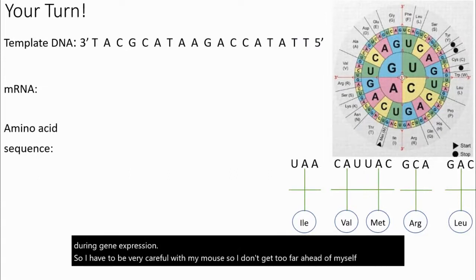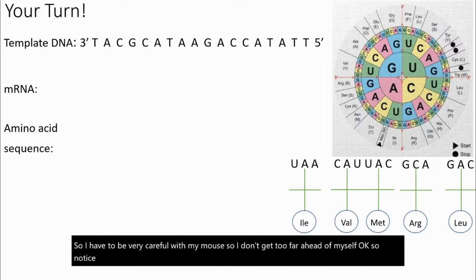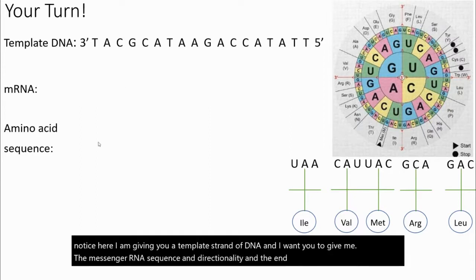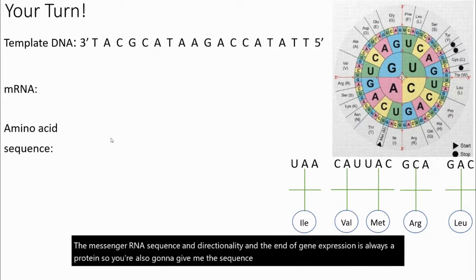Okay, so notice here, I am giving you a template strand of DNA. And I want you to give me the messenger RNA sequence and directionality, and the end of gene expression is always a protein, so you're also going to give me the sequence of amino acids that will make that protein.